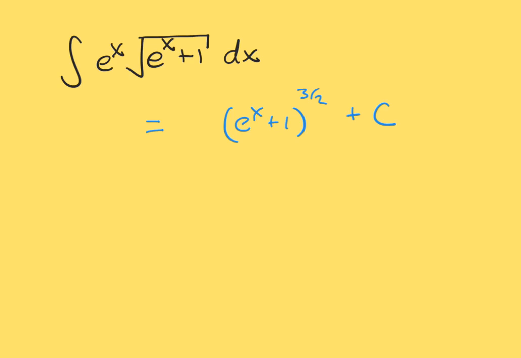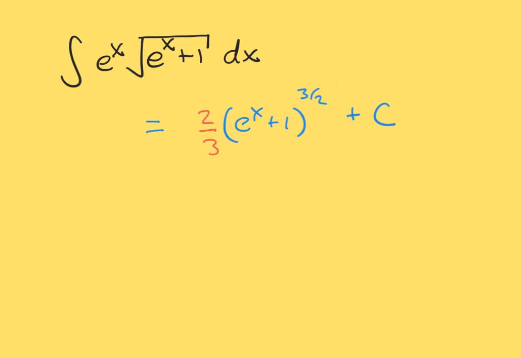So now, if this is correct, when we differentiate it, we will get the integrand. So let's differentiate this. Obviously, the derivative of the constant is 0. So we will bring a factor of 3 over 2 in front. We don't have a 3 over 2 here, so we're just going to put a factor of 2/3 there to mop it up. We will then reduce the power by 1.